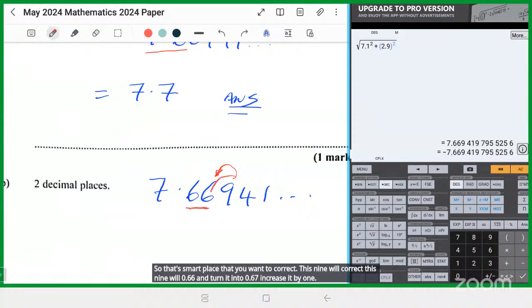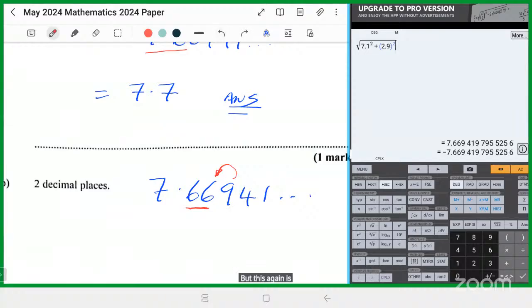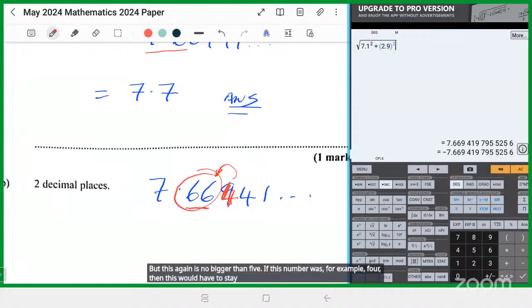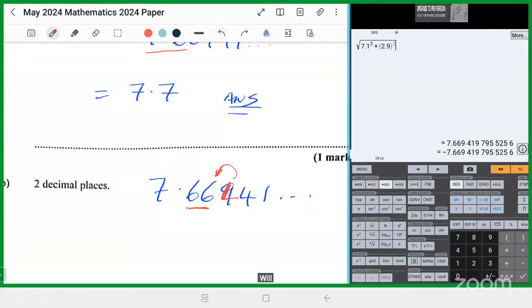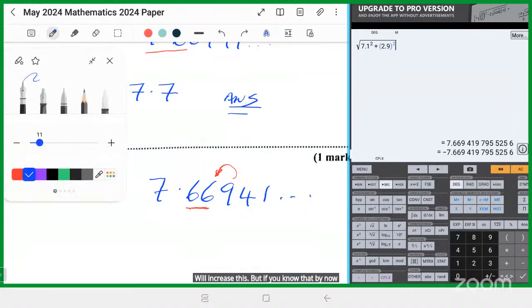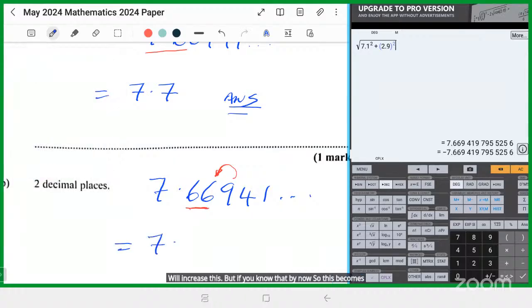But this again is a number greater than 5. If this number was, for example, 4, then this would have to stay. Everybody should know that by now. So this becomes equal to 7.67. Anything apart from that is wrong. 1 mark for that.